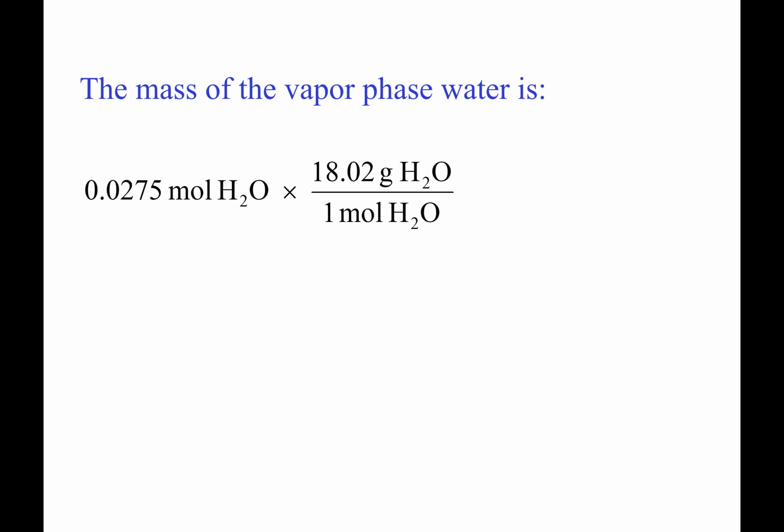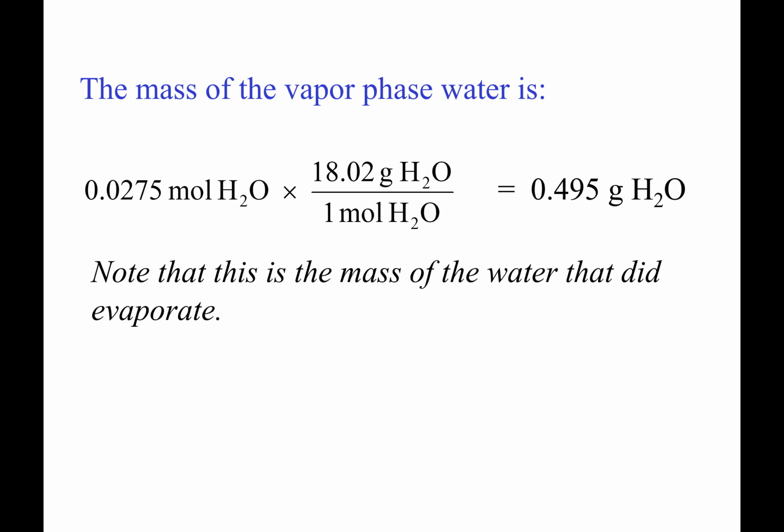Drum roll, please. 0.495 grams of H2O. So that's what you have floating around there at equilibrium. So how are we going to find the mass of the puddle? Subtract. Yep, take this, minus this. Exactly.